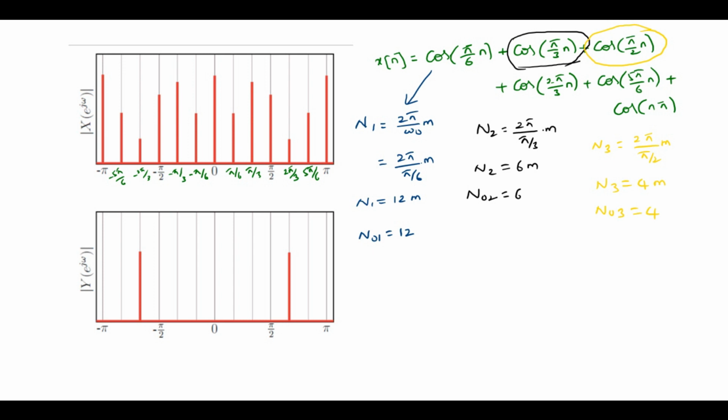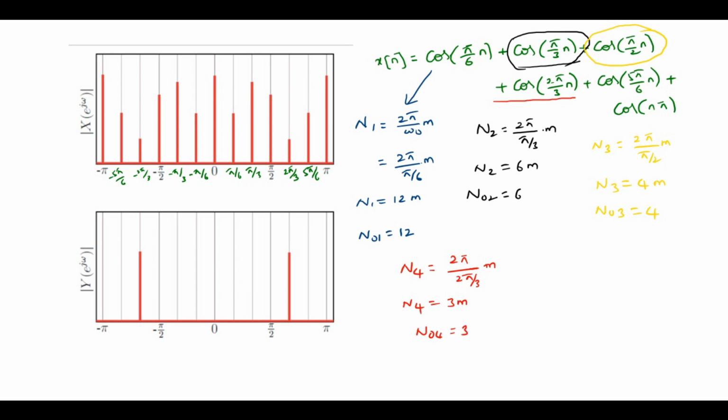Now the fourth one: N4 is (2π/(2π/3))·m, so the period is 3m, and the fundamental time period is 3.